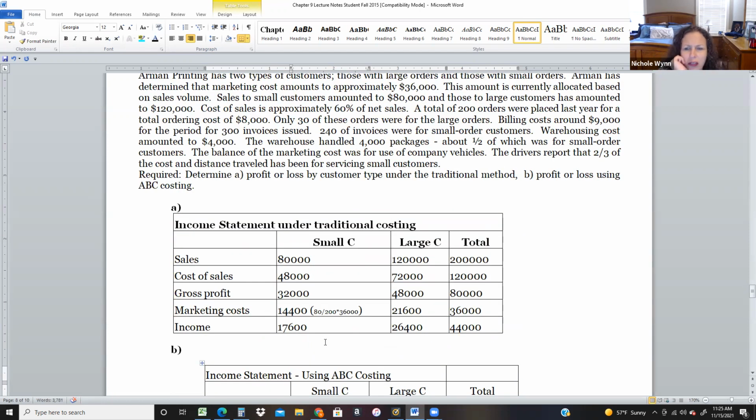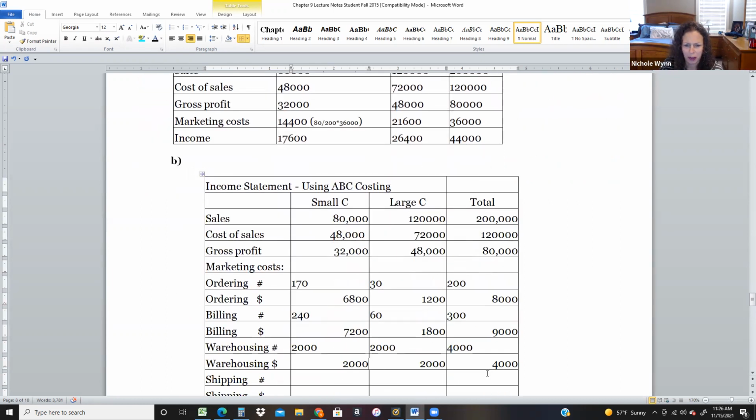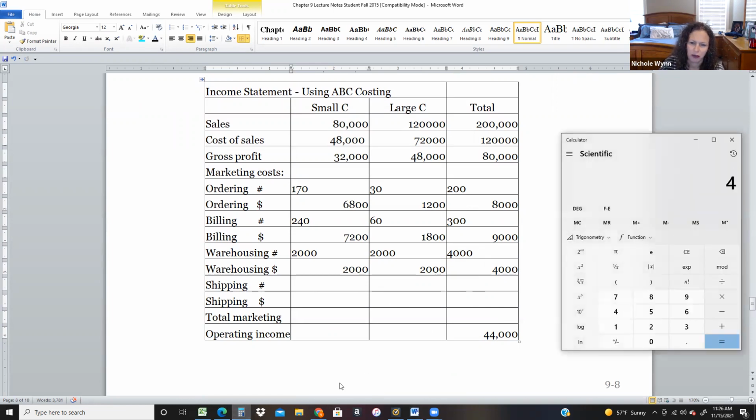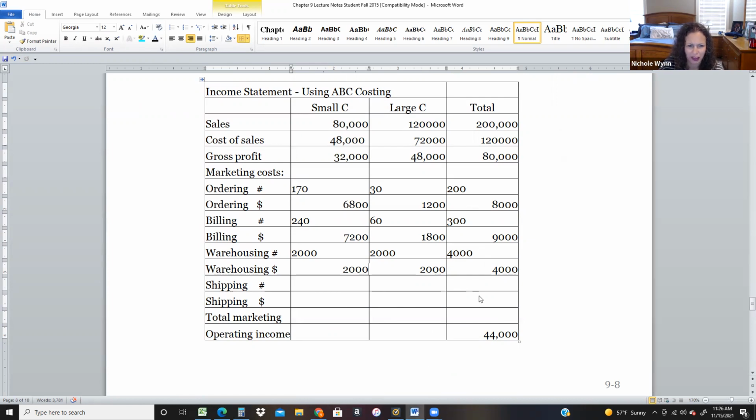All right, and then it says, the balance of the marketing cost was used for company vehicles. The drivers report that 2/3 of the cost and distance traveled has been for servicing small customers. So I need to know how much more to give to shipping because they didn't tell me. So of the 44,000, I've already allocated 8, 9, and 4. So I have 23,000 left to allocate.